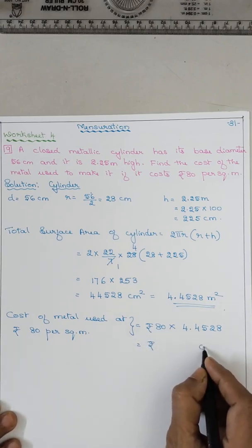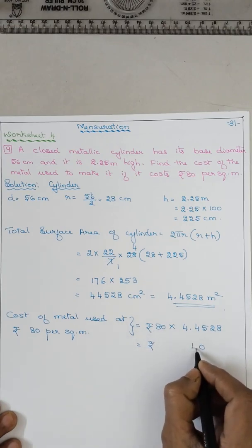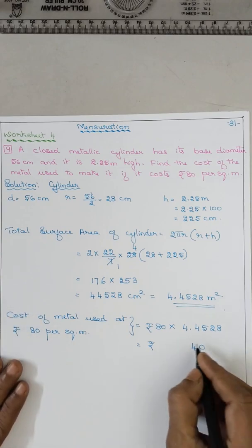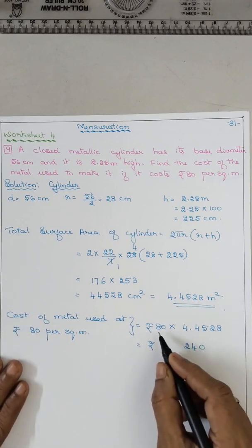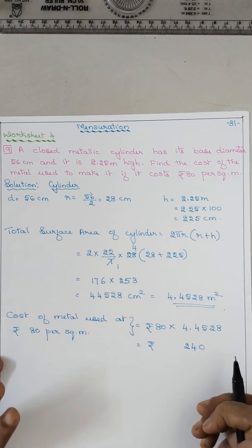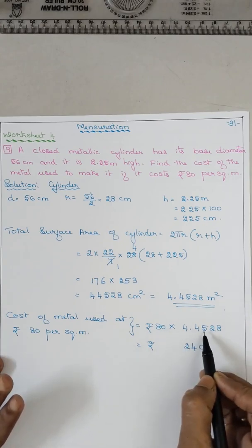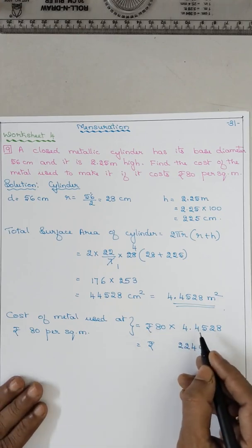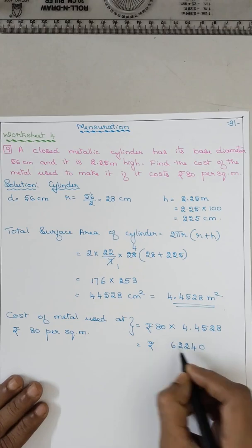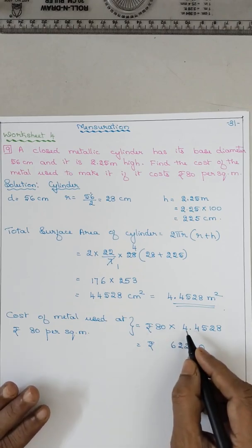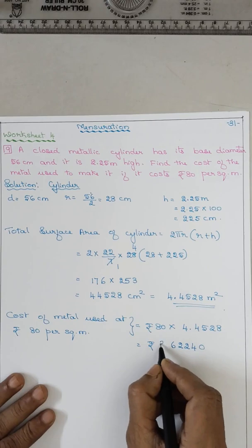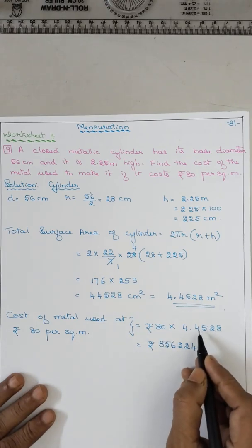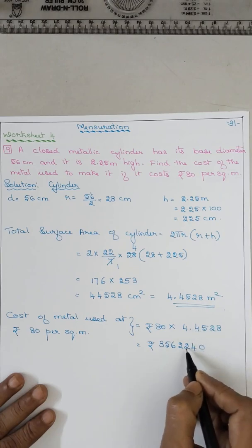Put this 0. 8 8s are 64. 8 2s are 16 plus 6, it is 22. 8 5s are 40, 42, 4 in hand, 8 fours are 32 plus 4, 36, 8 fours are 32, 33, 34, 35. Now 4 decimals, 1, 2, 3, 4.